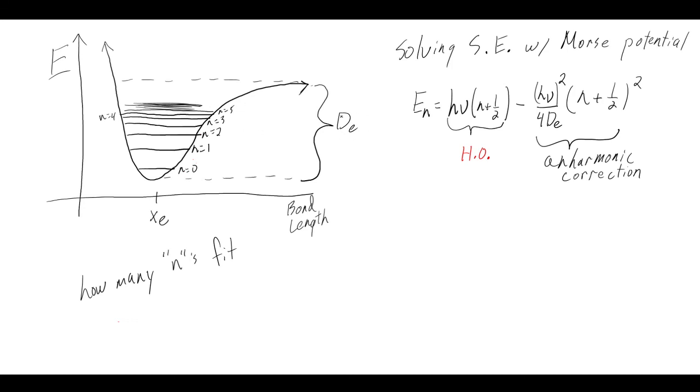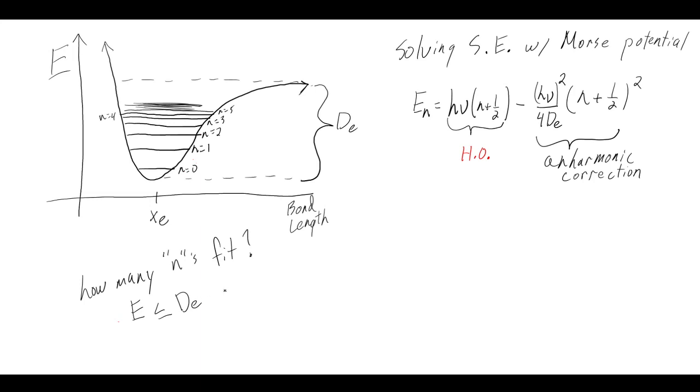Well, of course, it depends on the size of this dissociation energy, but this can be solved by thinking, well, the energy has to be less than or equal to this dissociation energy. These are the energies that I'm solving for the different n's. And so that energy can't exceed the dissociation energy.